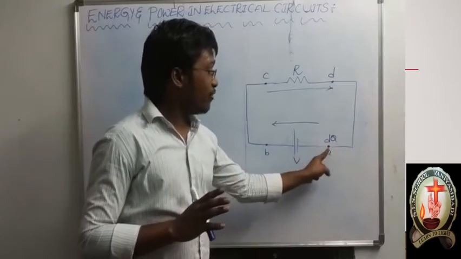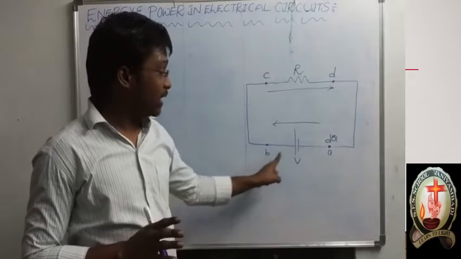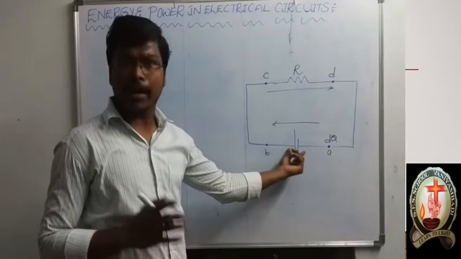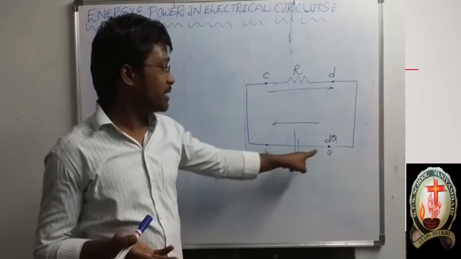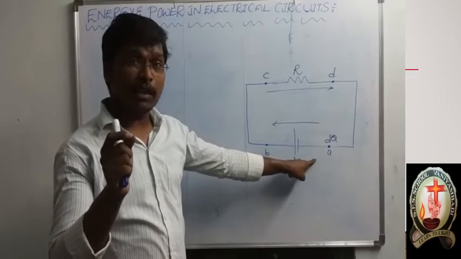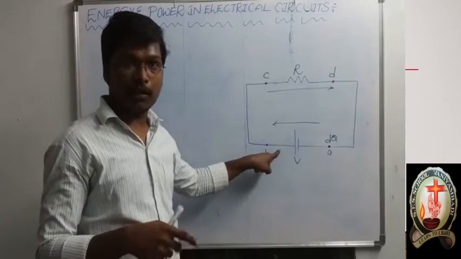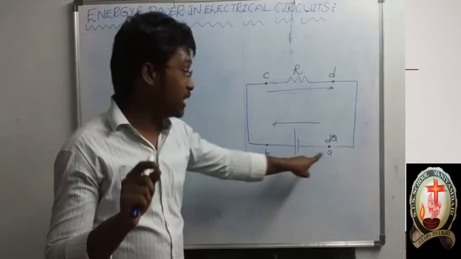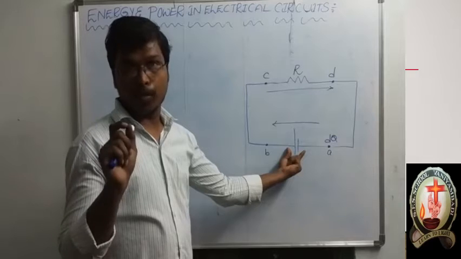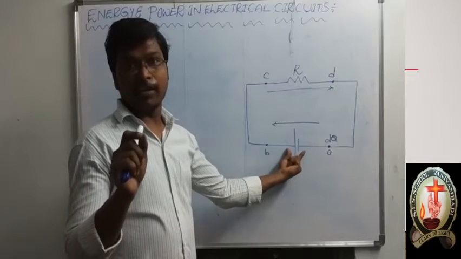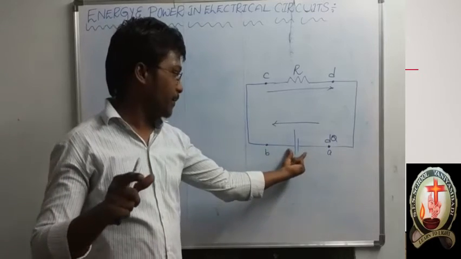When this charge is moving A to B, in between A to B, what is there? Battery is there, correct? So when the charge is moving A to B, it has to pass through the battery.